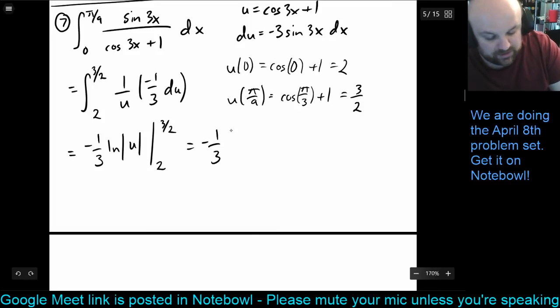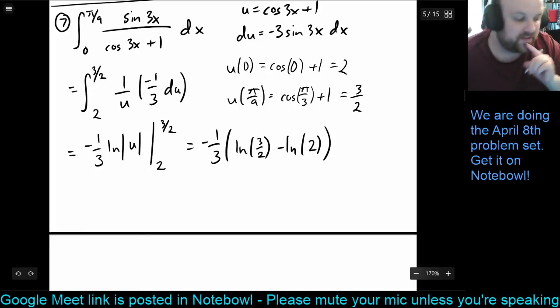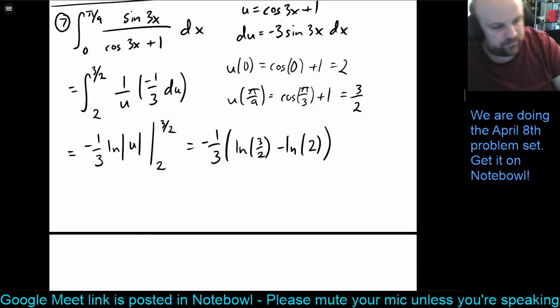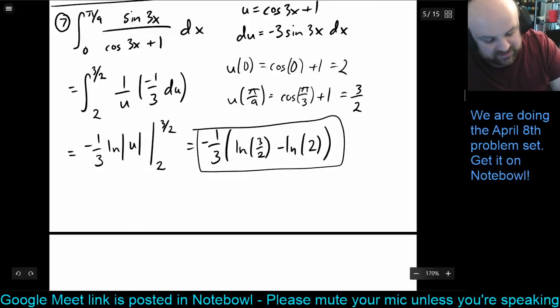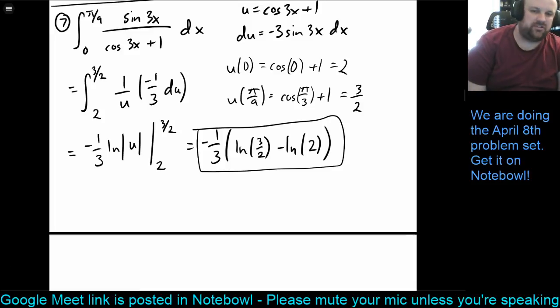So this is negative 1/3 times ln of 3/2 minus ln 2. Right? So this is good enough. You can simplify this a little bit, but it's not really worth it. So, any questions here?